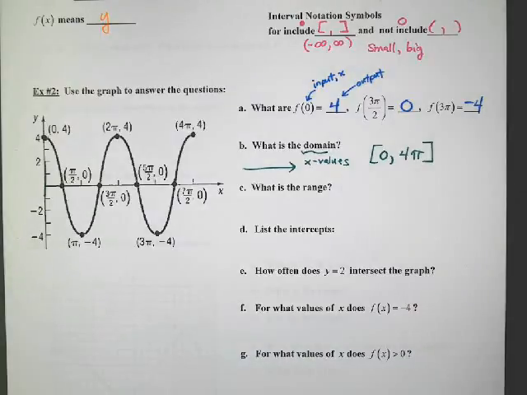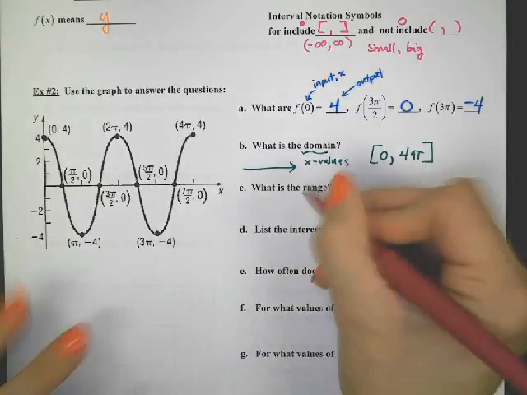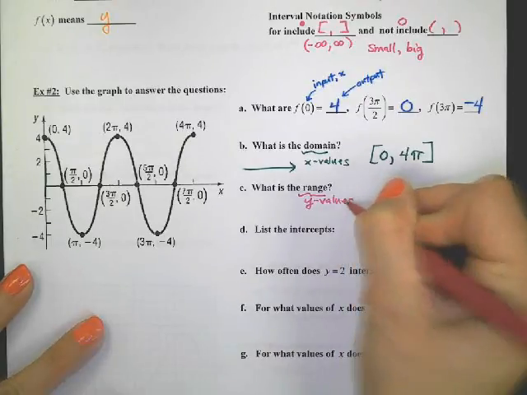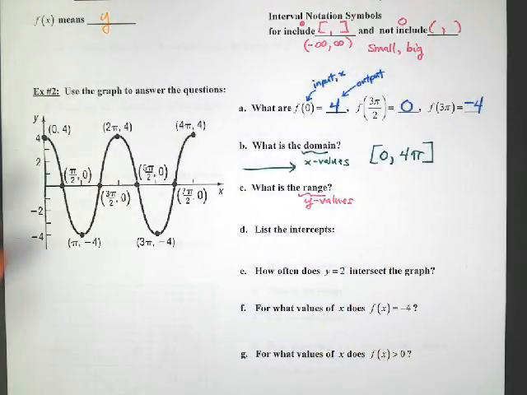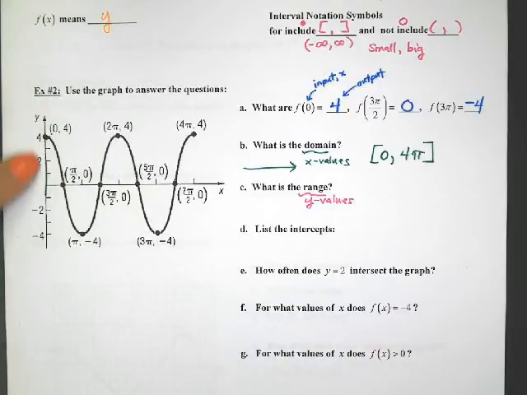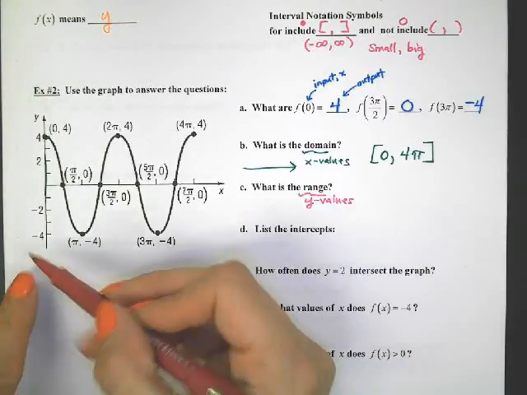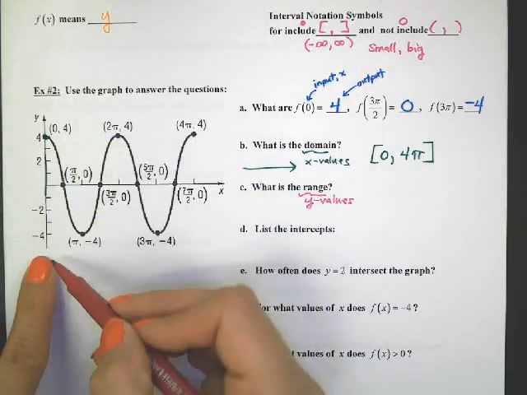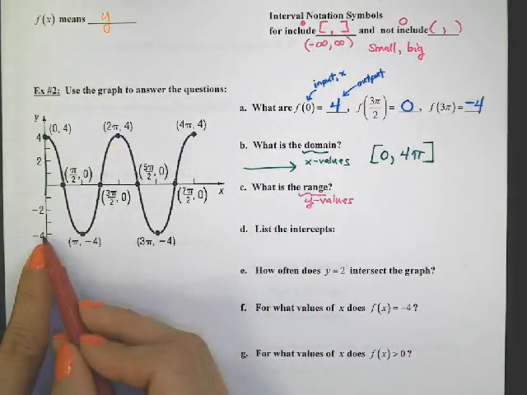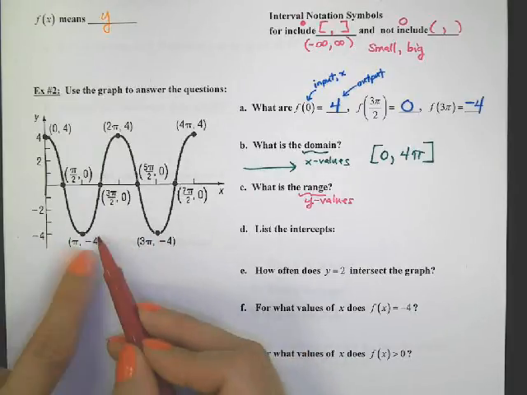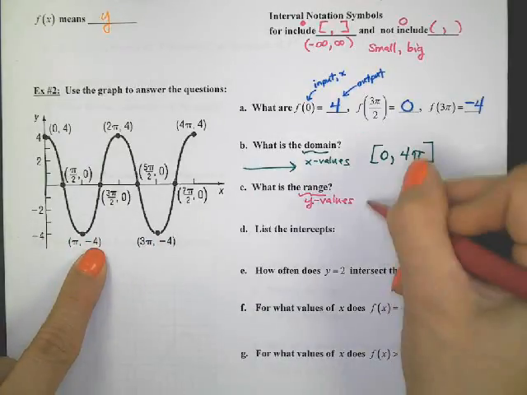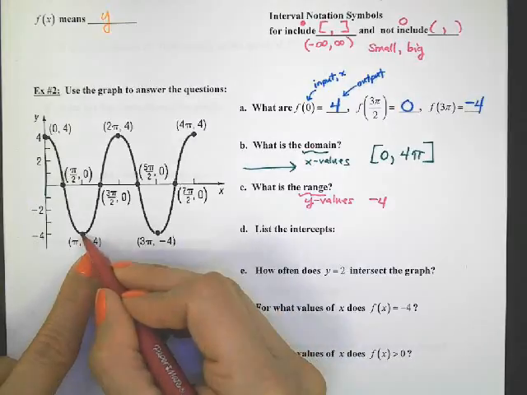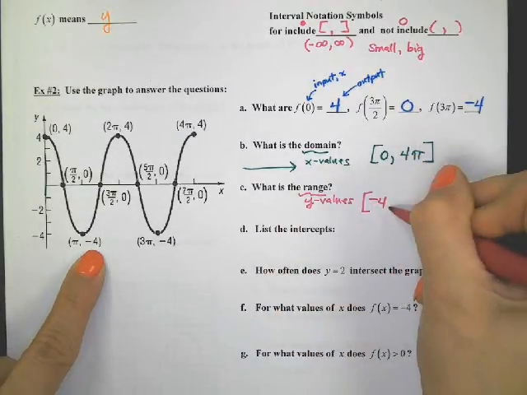All right, let's take a look at the range. The range means the set of y values. Now you find the y-axis, and you go down as low as you can. So on the y-axis, we're going to go from small up to big. The high numbers are up there. So what's the smallest y number? The smallest y number is negative 4. Does it touch negative 4? Yes, that's a closed point, so let's use a bracket.